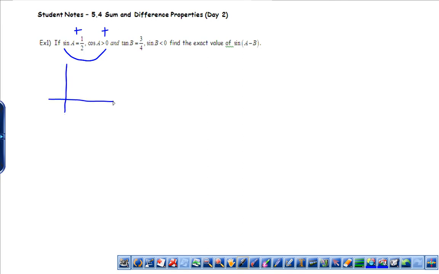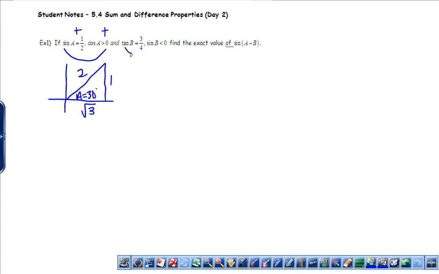So I'm going to draw a triangle right here and label this angle A. Sine is opposite over hypotenuse, so this is going to be 1, 2, and this does show that cosine is going to be positive as well. So this is going to be √3, and this is angle A. So it looks like this is 30 degrees.